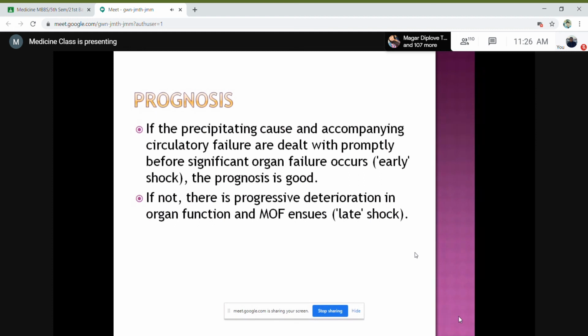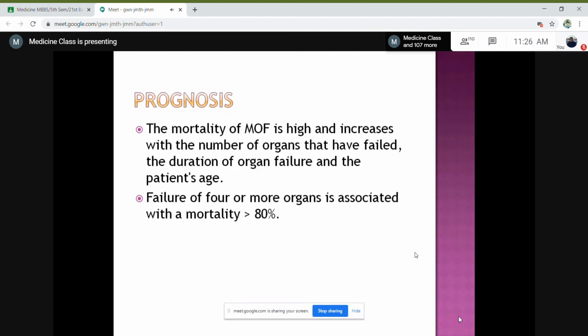But in cases of late shock, it may deteriorate to organ failure, leading to multi-organ failure. So the mortality of multi-organ failure is high and increases with the number of organs that have failed, the duration of organ failure and the patient's age.